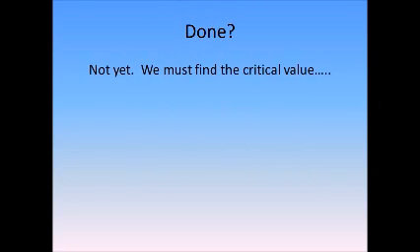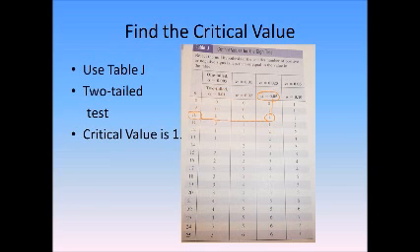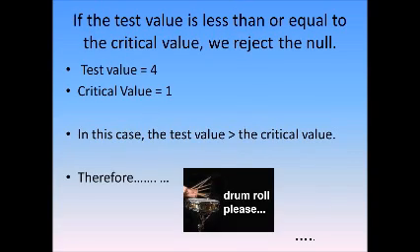Is she done yet? No, not quite yet. She's got to find the critical value. She uses the table in the back of the book, and because it's a 2-tailed test, the critical value turns out to be 1. The rule is, if the test value is less than or equal to the critical value, we reject the null.